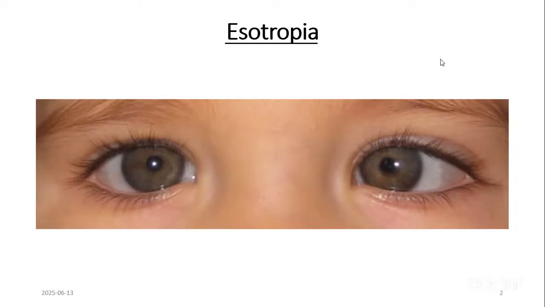And in non-refractive, we have hypo-accommodative and convergence excess. Then in non-accommodative, we have infantile esotropia, convergence excess esotropia, divergence deficiency esotropia, and sensory esotropia. Anything else?